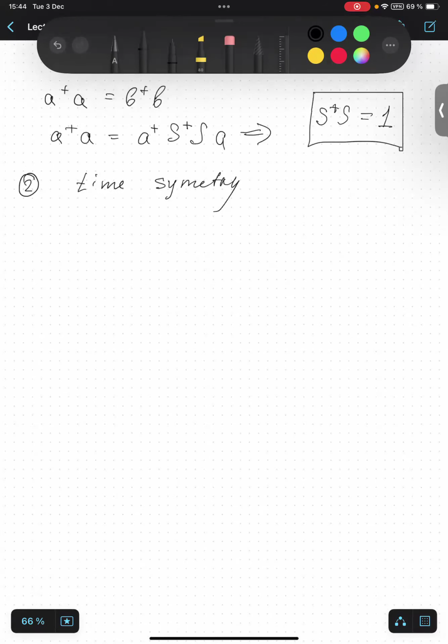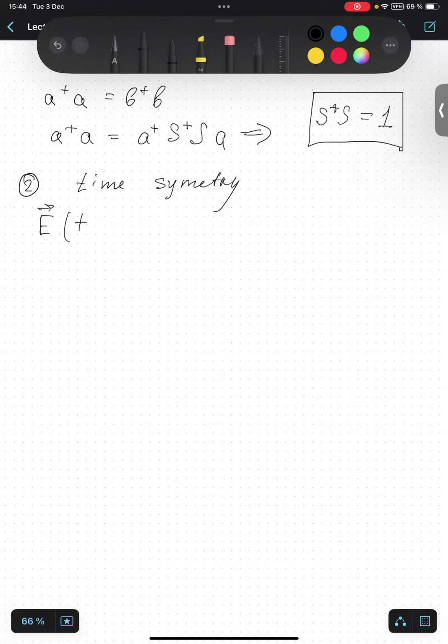So first of all, let's consider the solution of the wave equation that we already considered in waveguide theory.